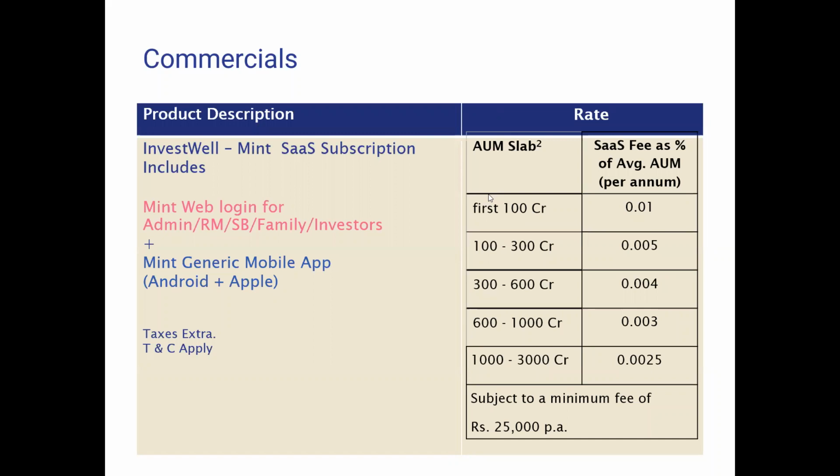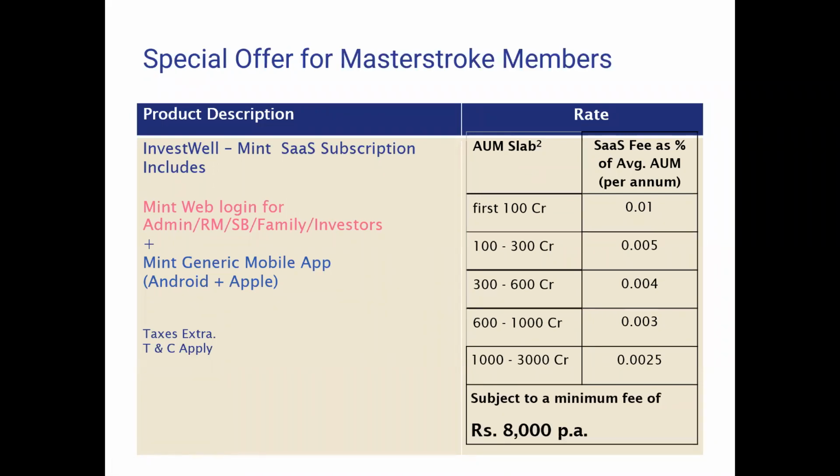Now for the Master Stroke members, we have come up with a special price. As you can see here, the minimum pricing has been reduced to 8,000 rupees, that is up to 8 crores of AUM.